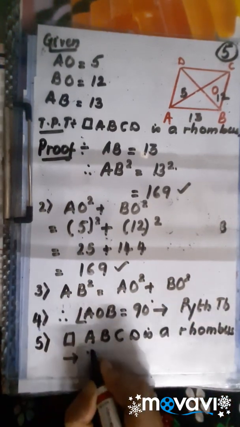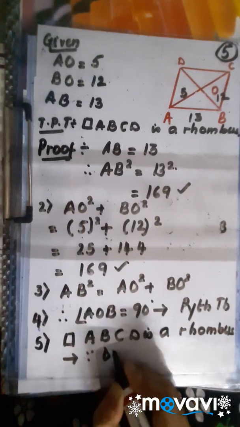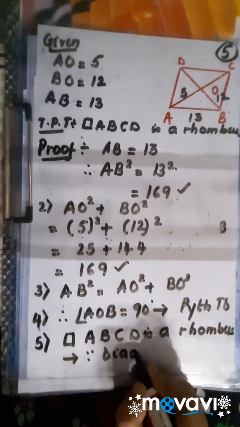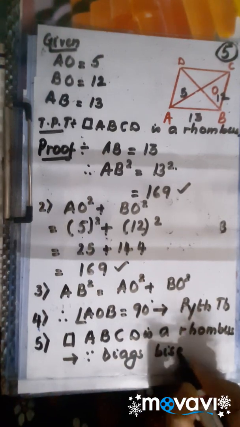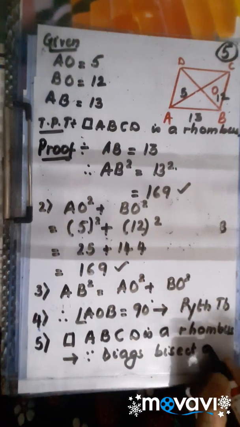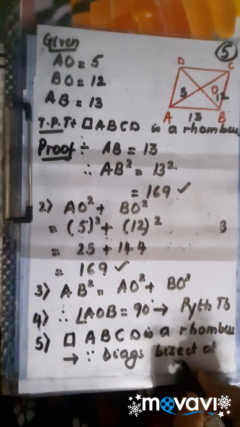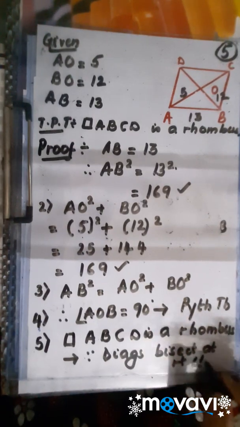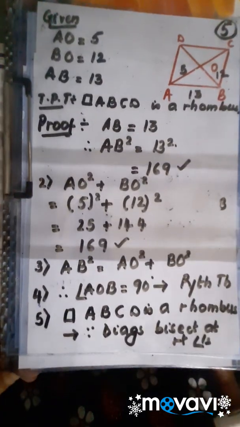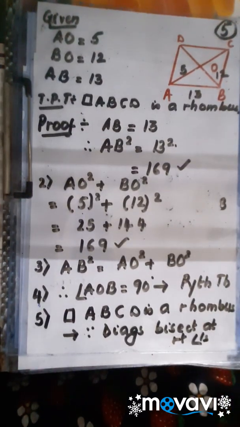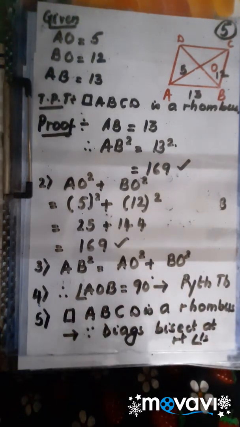Since diagonals bisect each other at right angles. Therefore, it is a rhombus. Is that clear? Is that clear?